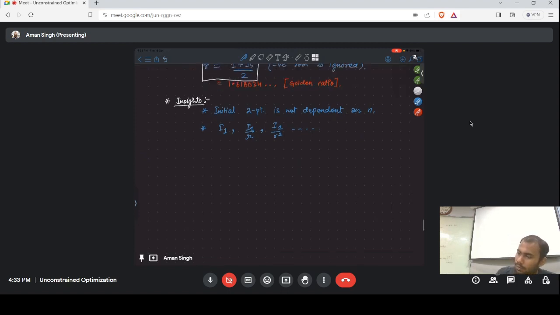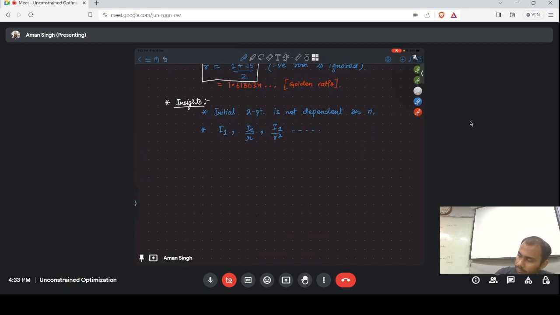And the nth interval length for golden section search is given by I1 by r to the power n minus 1.